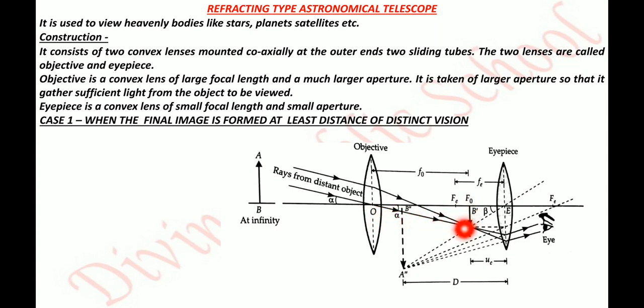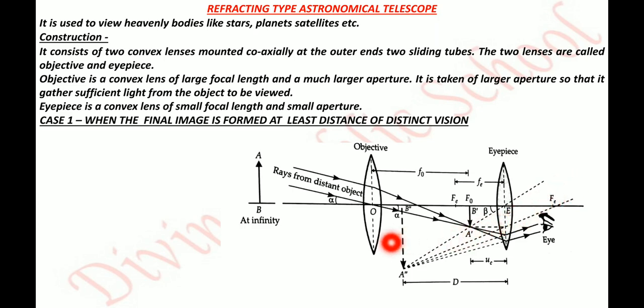Now this image will serve as an object for the eyepiece, and this image falls between the focus of the eyepiece and the optical center of the eyepiece. One ray parallel to the principal axis goes along the focus, another ray goes through the optical center.